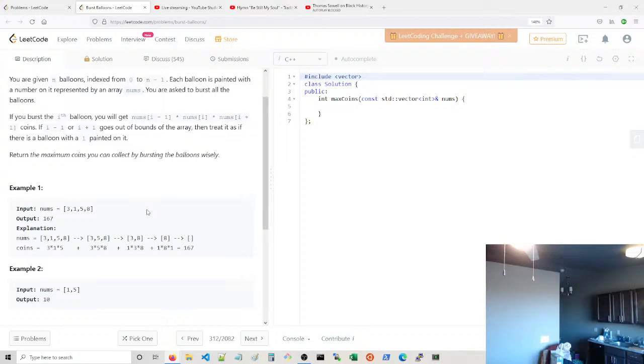And I think you can prove that this is always optimal, because for any choice of balloons that you might have, you can always prove that you'll get a larger number if you switch the order that I was just describing.